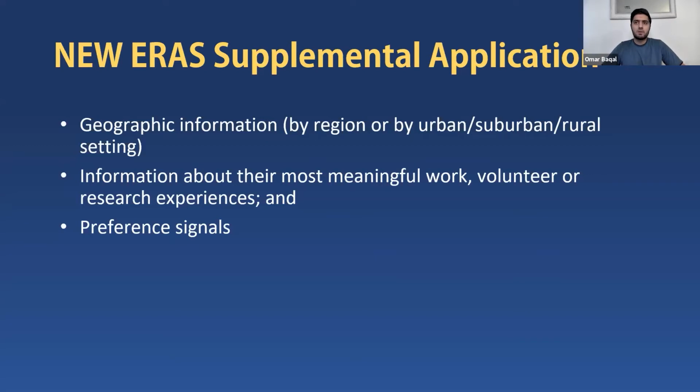I think it's only for GS, internal medicine, and Derma so far. So they're still testing how this will work this year. I think it's something interesting, and something you can use to your advantage if you mention the right things and if you send the right preference signals to programs. Geographic information has always been something that I think plays a role, definitely.